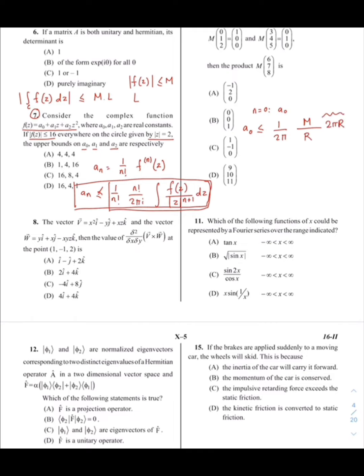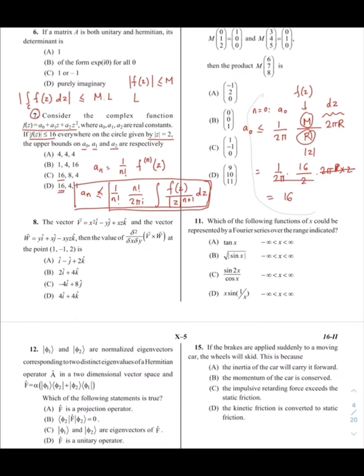So this is the upper bound of dz, this is the upper bound of mod of z, and this is the upper bound of f(z). So let's find these quantities. 1 by 2 pi, M is 16 in our case, r is 2, and 2 pi times 2. So this thing cancels out. We found the upper bound is 16. So one of the two options may be correct.